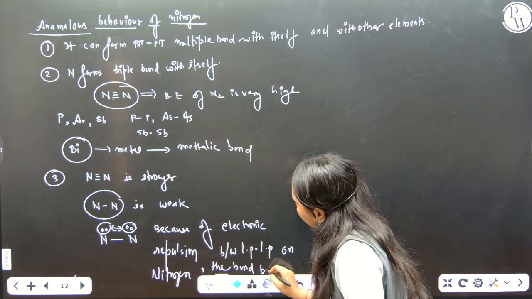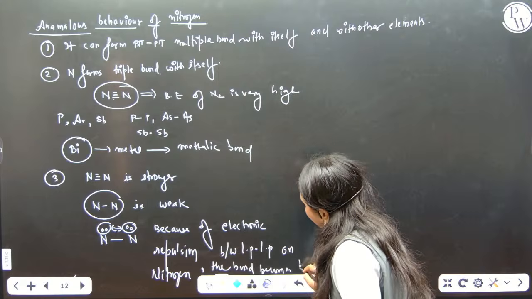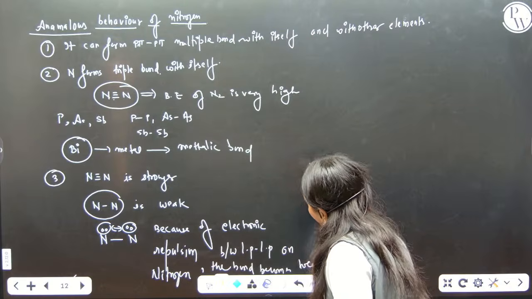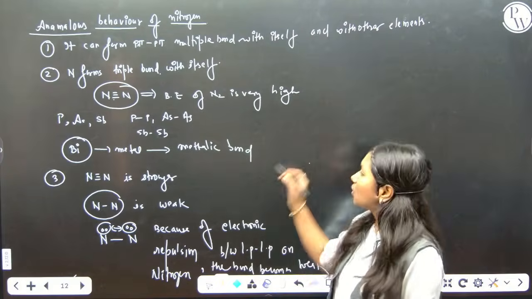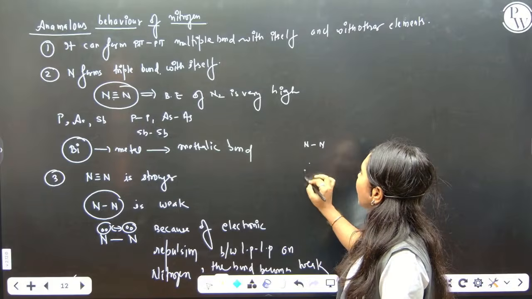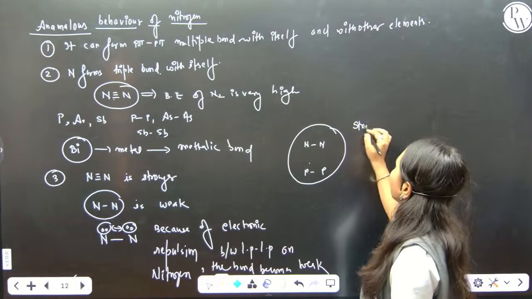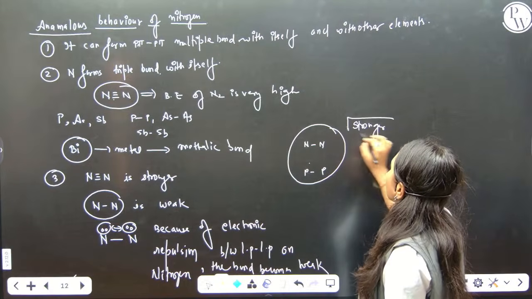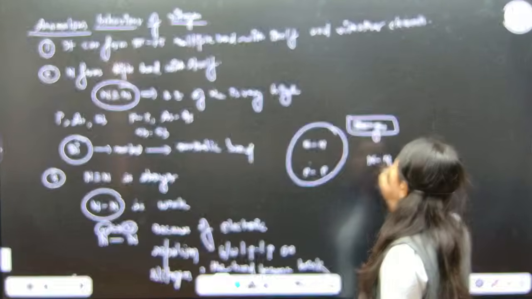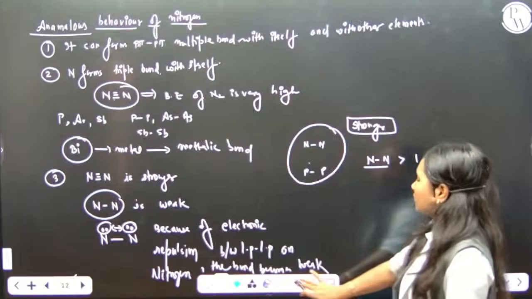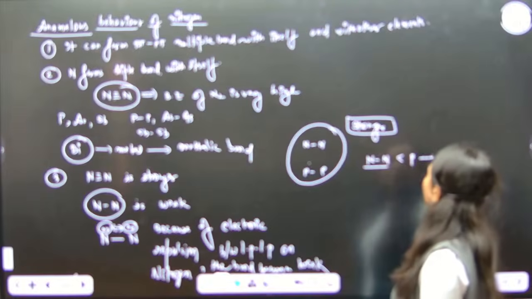They can ask you in the exam, N single bond N and P single bond P, which is stronger? The answer is N single bond N is weaker than P single bond P.